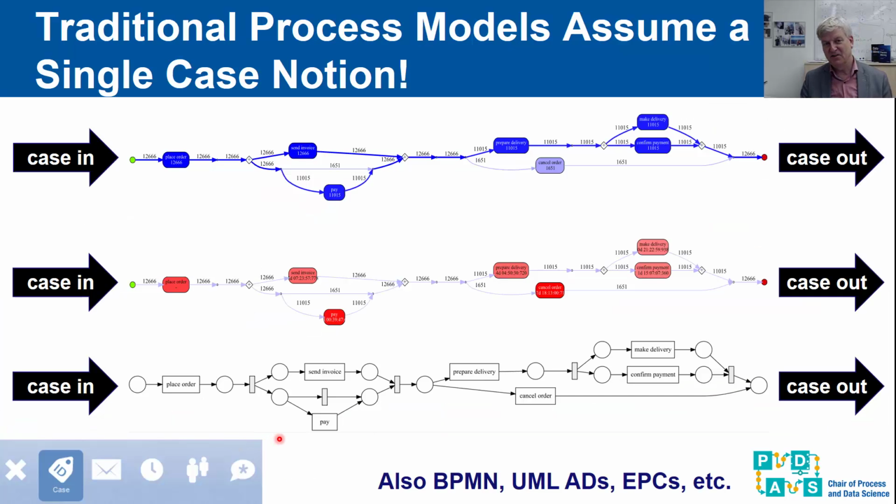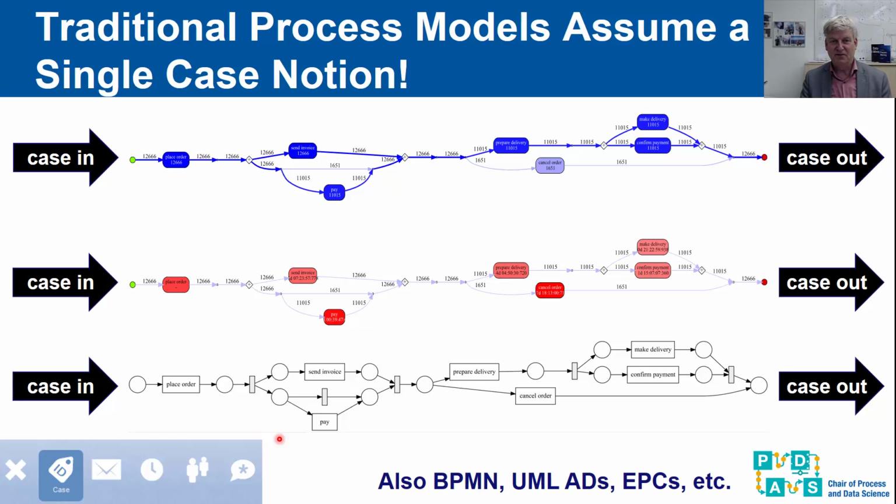So this is all great. This is all, let's say, proven technology. It's something that you can use today. However, the main assumption of everything that I've shown so far is that there is a clear case identifier. So normally you don't think about process models in such a way because you just see, let's say, sequences of activities.